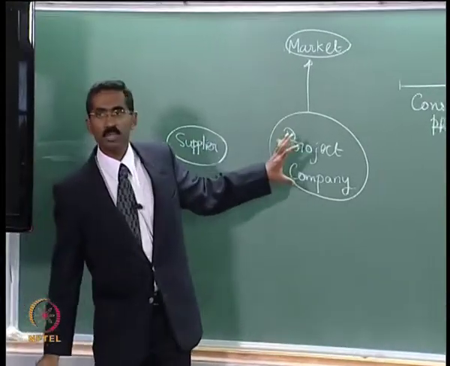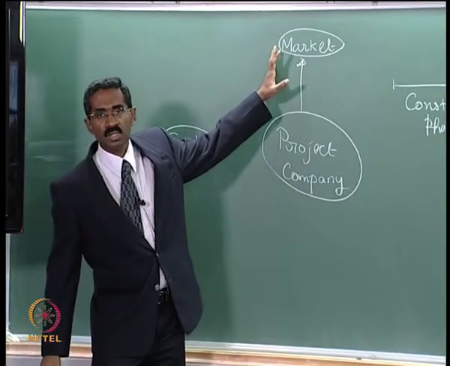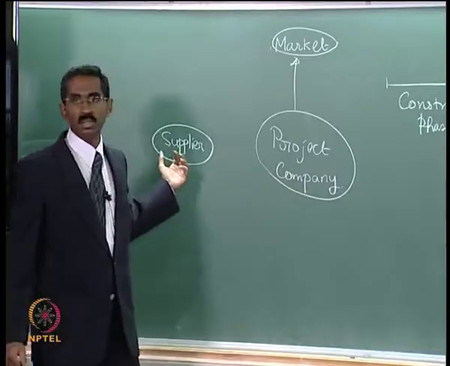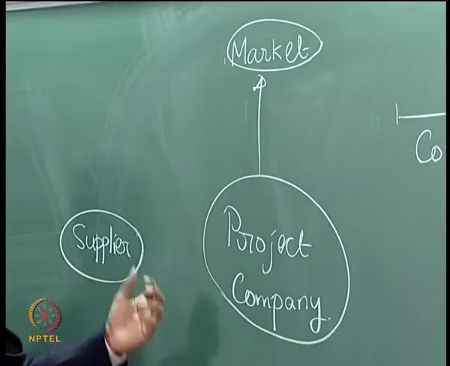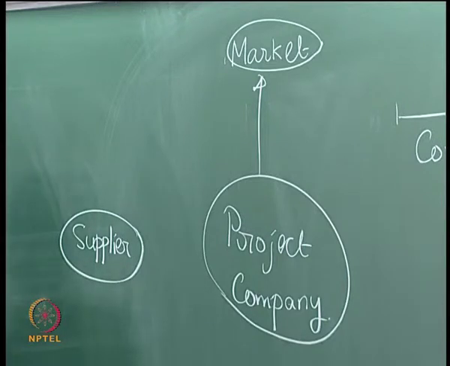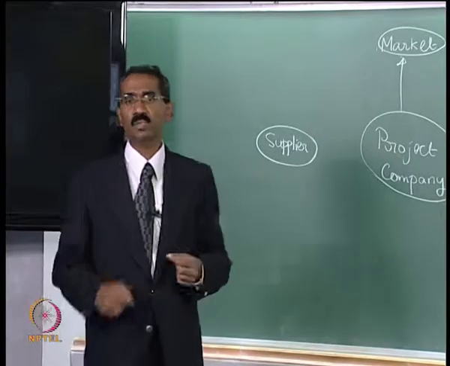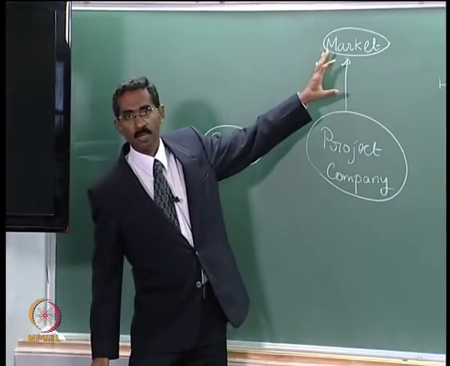So the project will actually have to acquire the supplies from, let us say, another supplier or the open market. By doing so, the project company incurs additional costs as compared to what it would have incurred when it got the supplies from the supplier. So the supplier will have to compensate for the additional costs that the project company incurs whenever it is making these kinds of purchases from the open market.